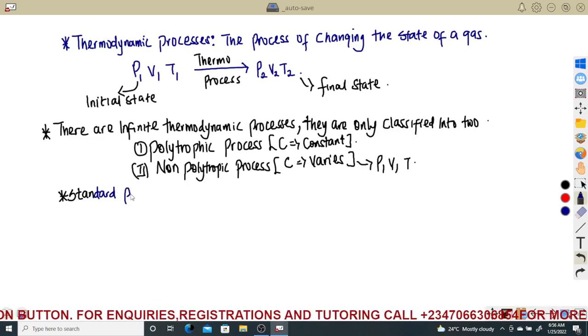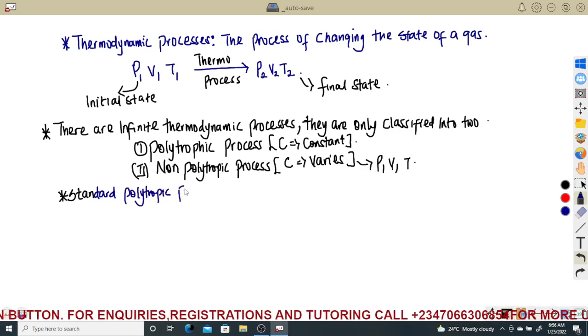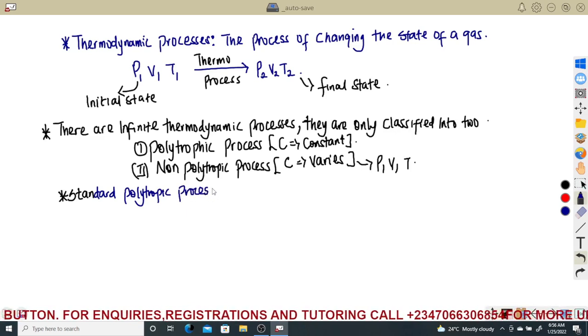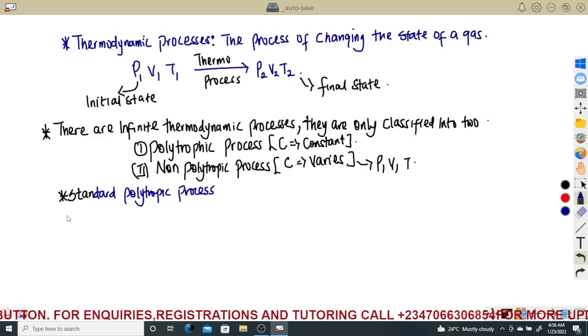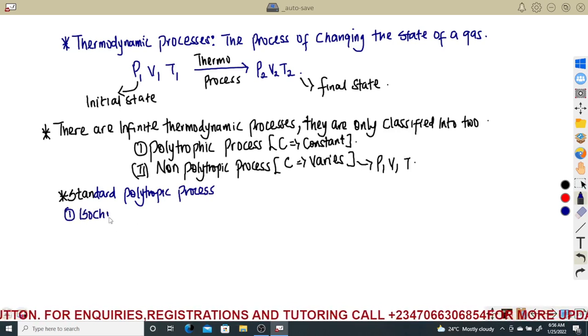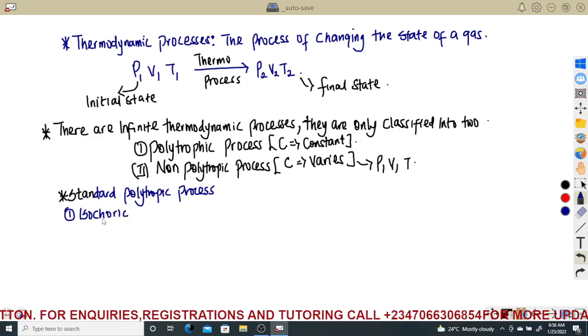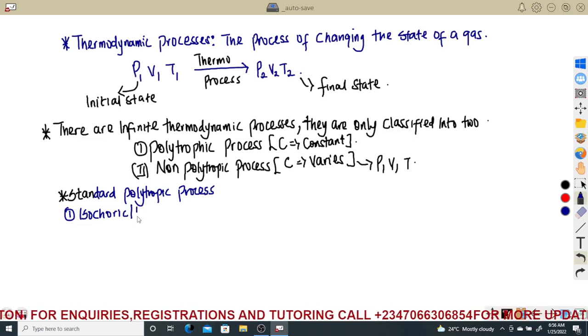Standard polytropic process is when the molar specific heat is constant. The first process we call isochoric, which is also termed isometric.